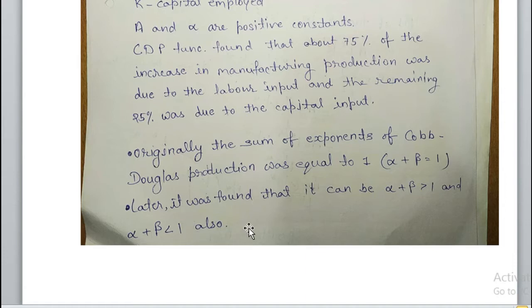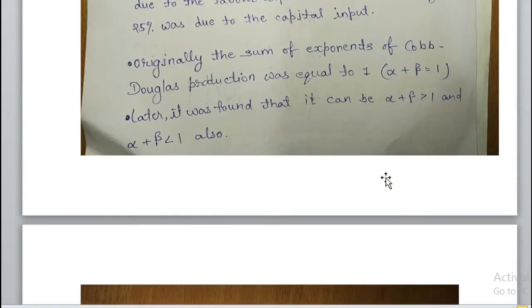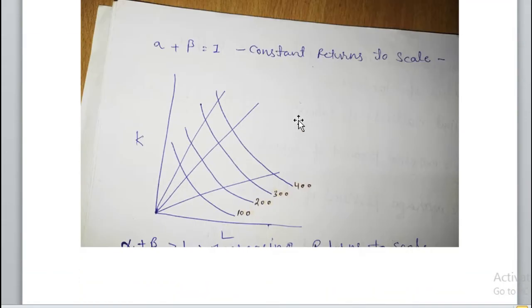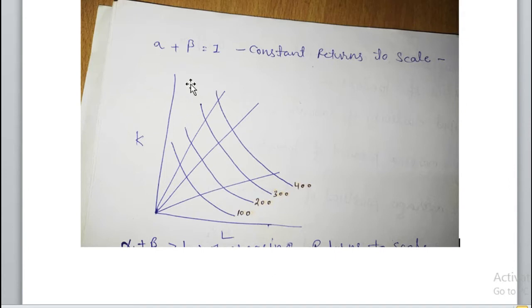Okay, but here we are talking about the basic Cobb Douglas Production Function, that is homogeneous production function of first degree. It was alpha plus beta is equal to 1. And what does that mean? It means that there will be constant returns to scale, and the figure for this will be like this.